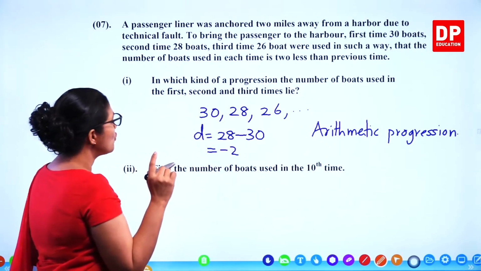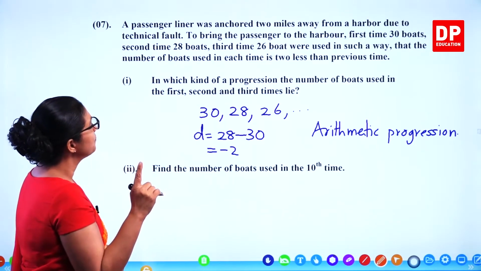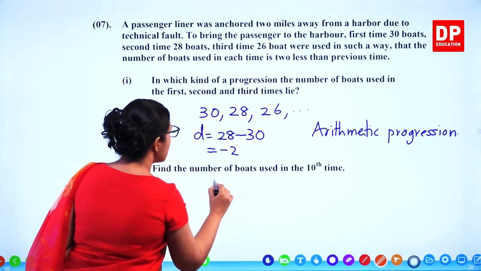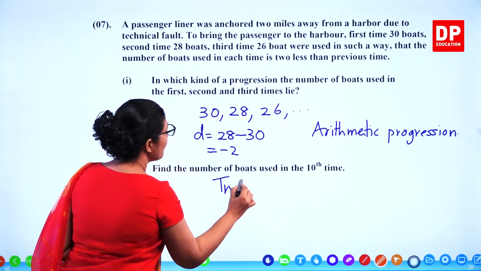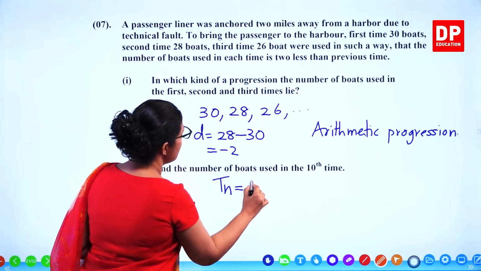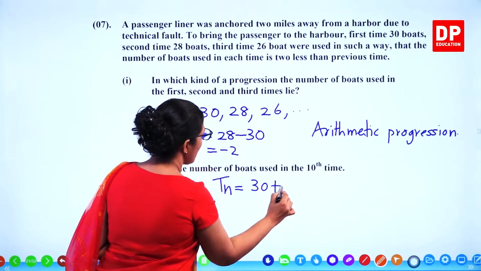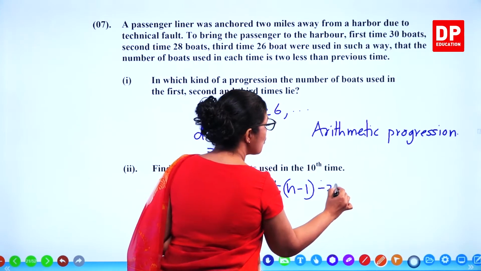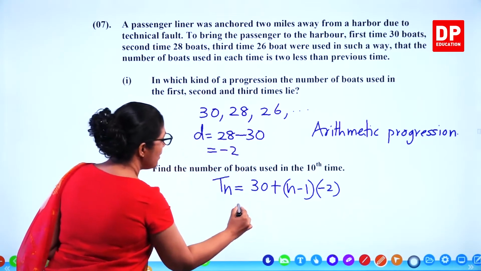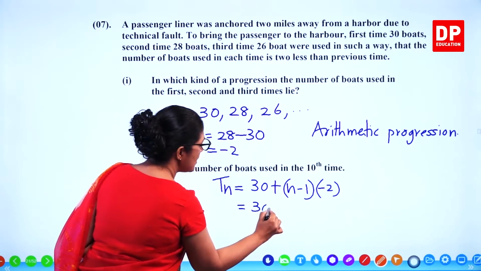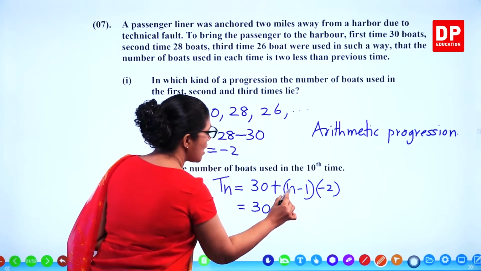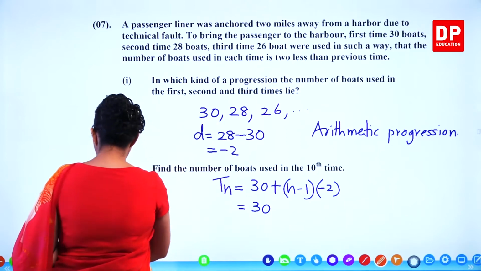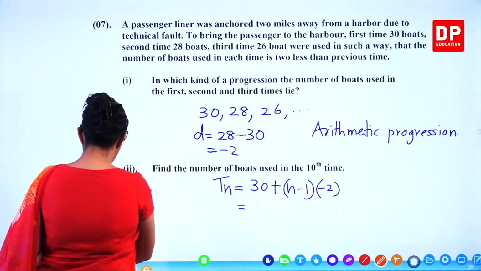Find the number of boats used in the 10th time. So you need to find out the 10th term. So what is nth term? First term is 30 plus n minus 1, d is minus 2. Common difference. So 30 minus 2 times n. Or you can plug in straight away.